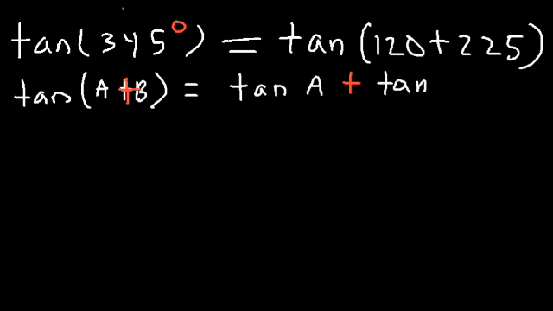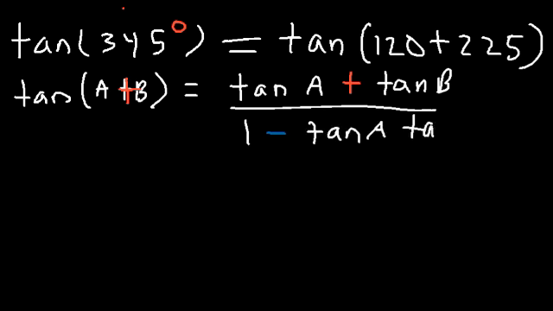So tangent A plus tangent B divided by 1 minus, the 1 on the bottom is going to be opposite to whatever we see here. So it's 1 minus tan A times tan B. So A is going to be 120, B is 225.